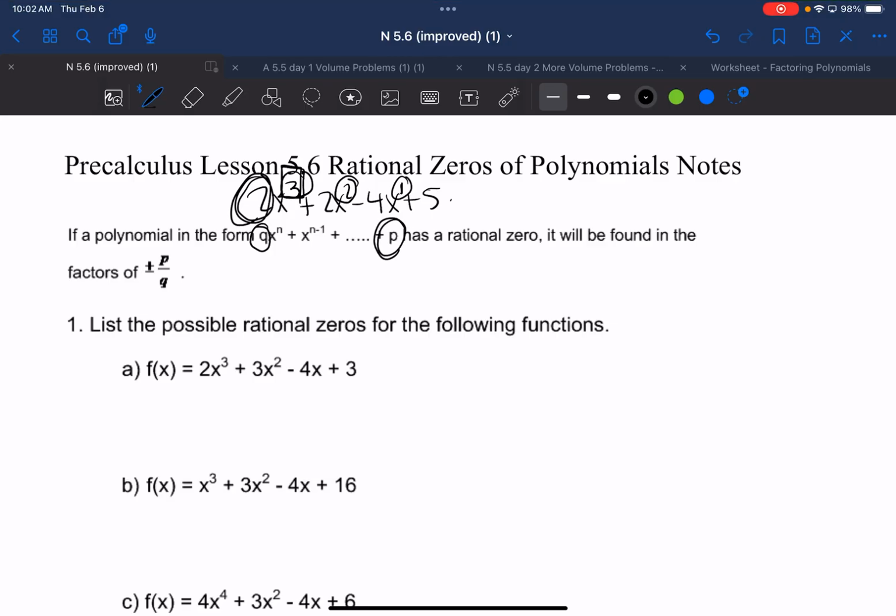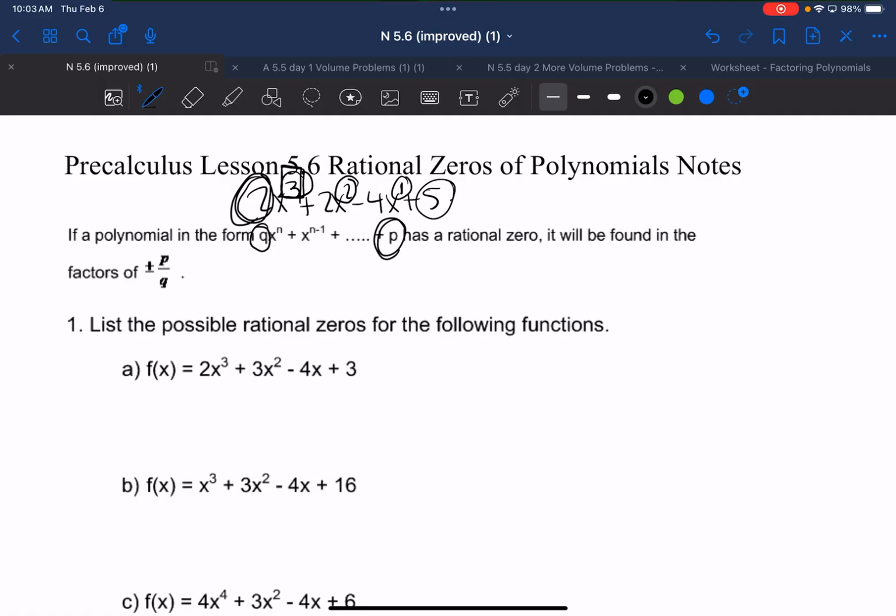P should always be the term at the very end with no letter in it, okay? And then it says you will come up with a list by finding the factors of q and p and writing them as the fraction plus or minus p over q.